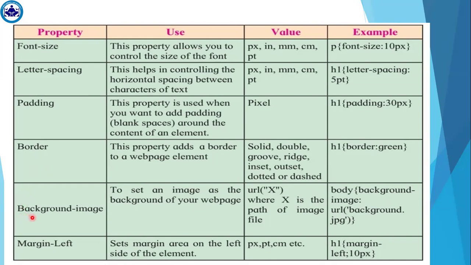If we want to insert a background image to any HTML element, we can use the property background-image. If we want margins to the left, then we can use the property margin-left. So these are the properties which we can use with the CSS tags.